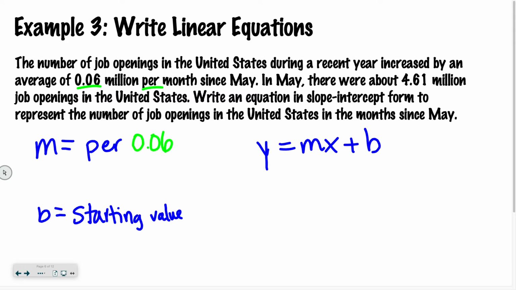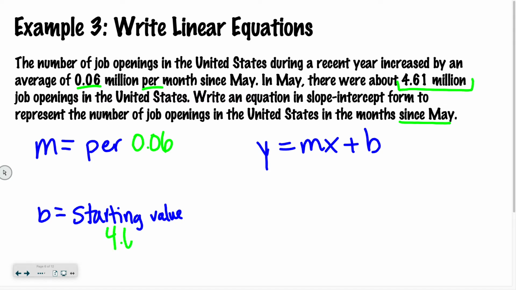Write an equation in slope-intercept form to represent the number of job openings in the United States in the months since May. So since it references since May, that means May is our starting point, and we were told that May has 4.61 million.